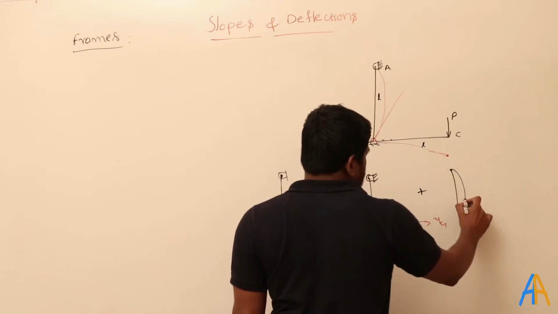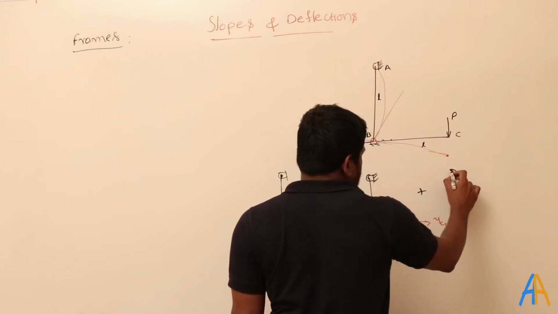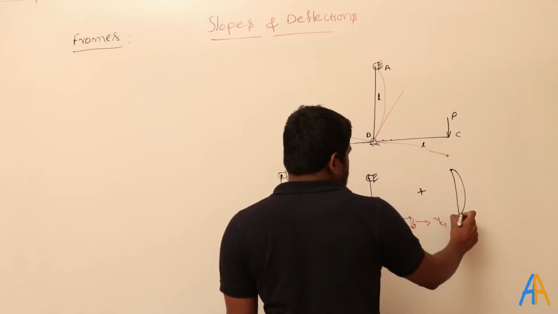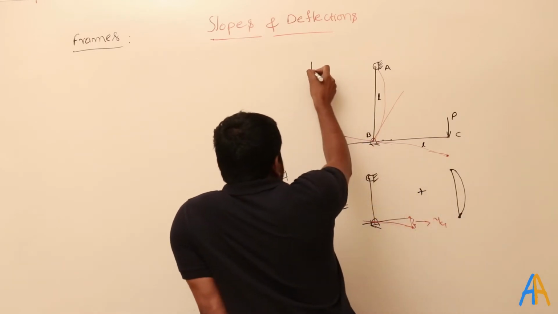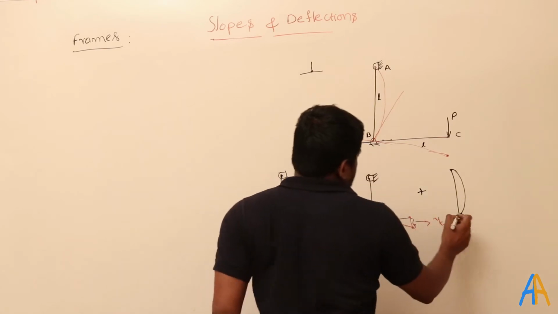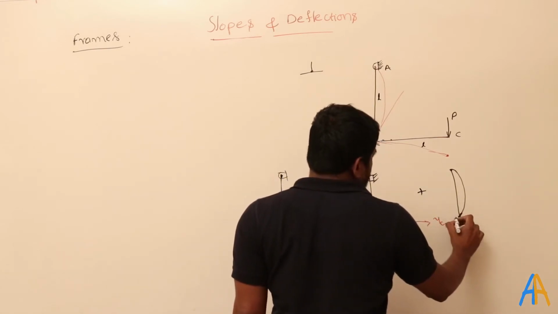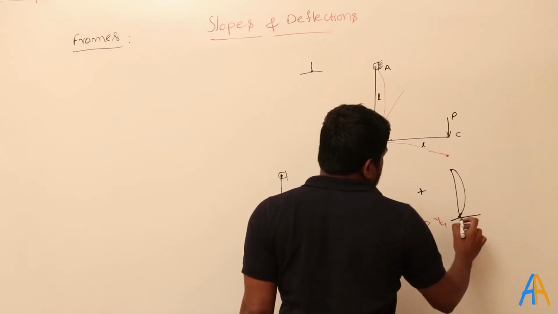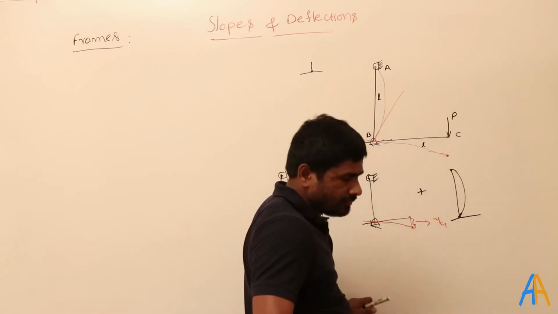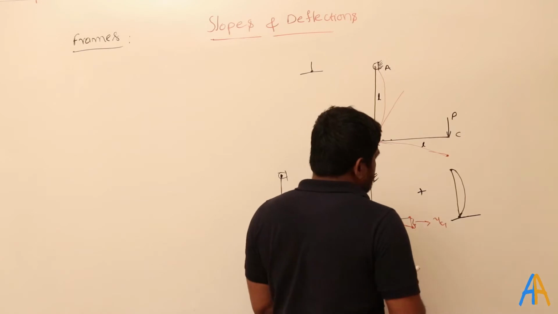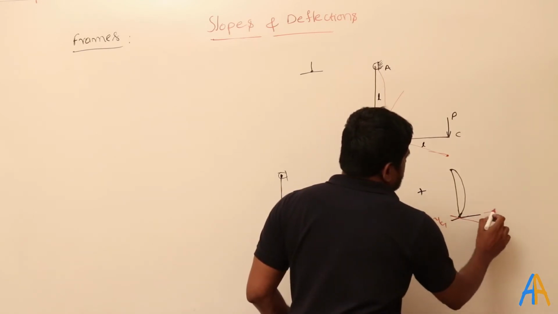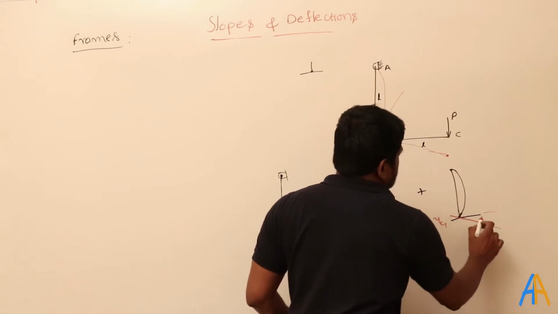When it bends, it would be like this. Because of this bending, since I always told you these two are perpendicular to each other, initially this is perpendicular. When it bent, this horizontal line will also bend like this.